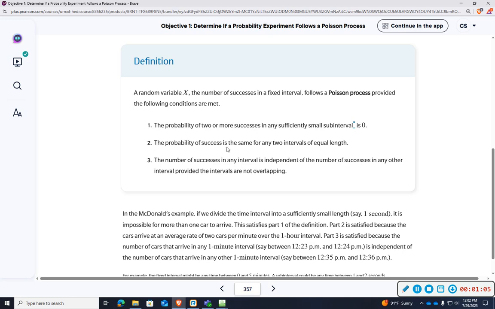Two, the probability of success in the same interval for any two intervals of equal length. So they're saying the probability is the same for the number of successes in any intervals of equal length. And three, the number of successes in any interval is independent of the number of successes in any other interval, provided the intervals are not overlapping.